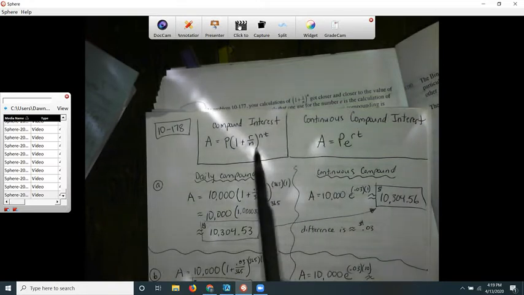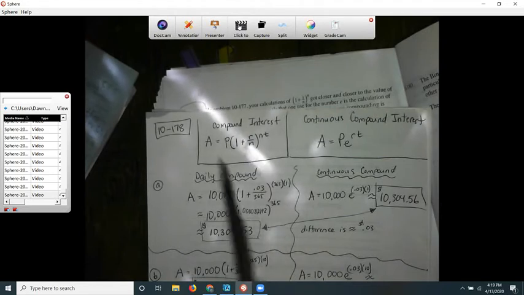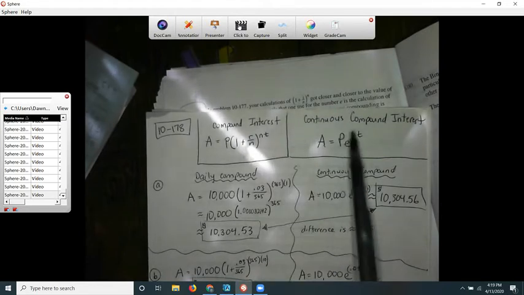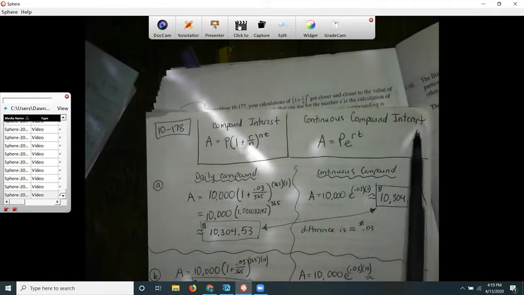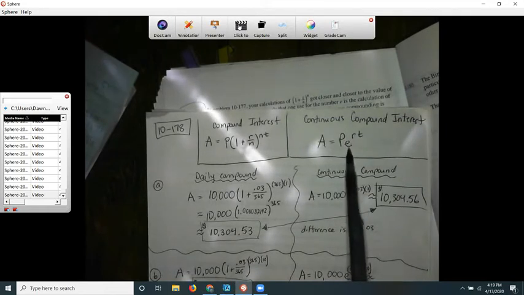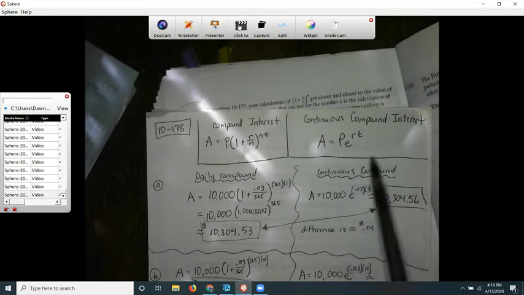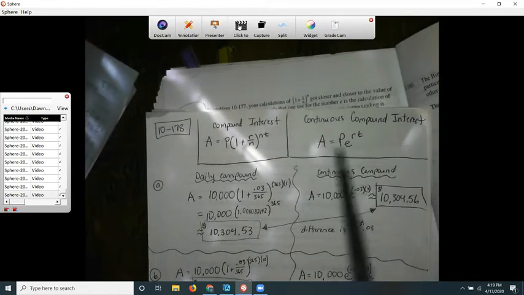We're going to be doing a lot of daily calculations. That's compound interest. This is continuous interest. This is compounding it every single second, like every nanosecond. This will actually give you, in the long run, more money.